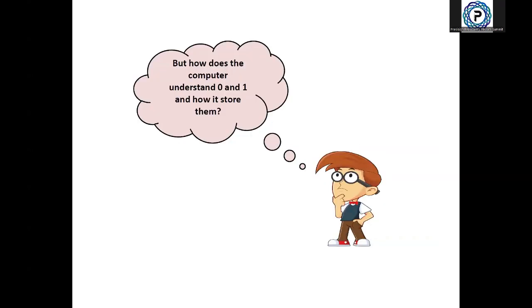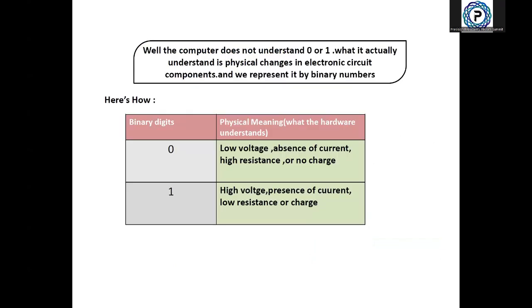But the question is, how does a computer understand what is 0 and what is 1? After all, it is an electronic circuit, right? If we go deeply into this, we will find that a computer does not understand 0 or 1. What it understands is the difference between physical electrical properties, like high voltage or low voltage, high resistance or low resistance, or presence or absence of current.